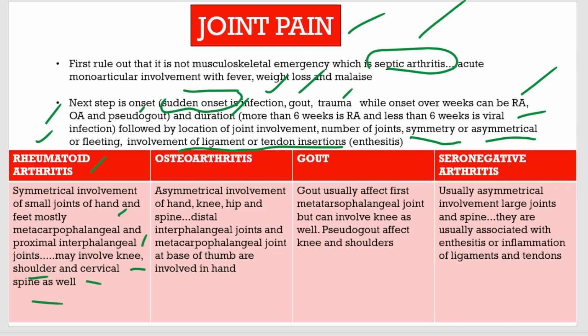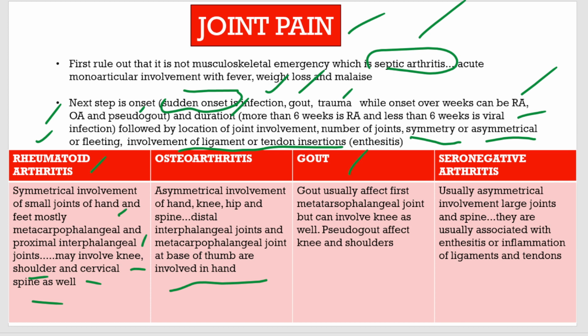Osteoarthritis is usually asymmetrical involvement of the hand, knee, hip, and spine. The distal interphalangeal joint and the joint at the base of the thumb are involved in the hand. So in rheumatoid arthritis there is no involvement of the distal interphalangeal joint, while osteoarthritis has involvement of the distal interphalangeal joint.